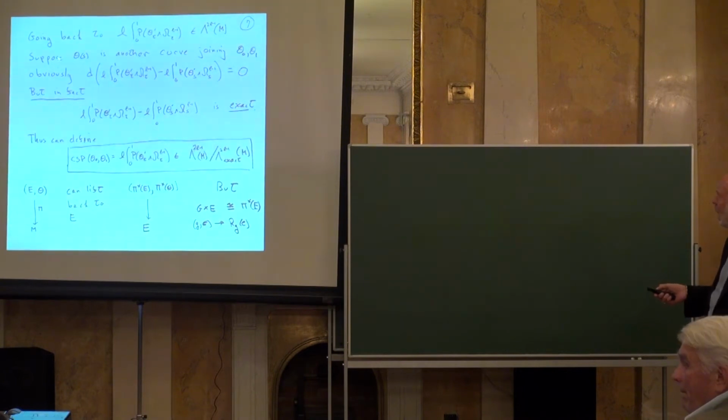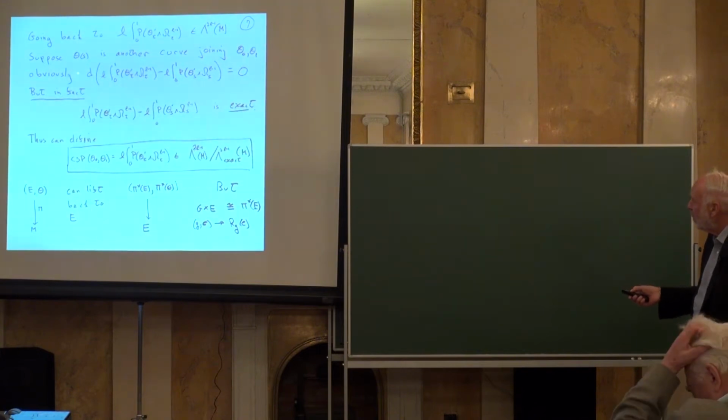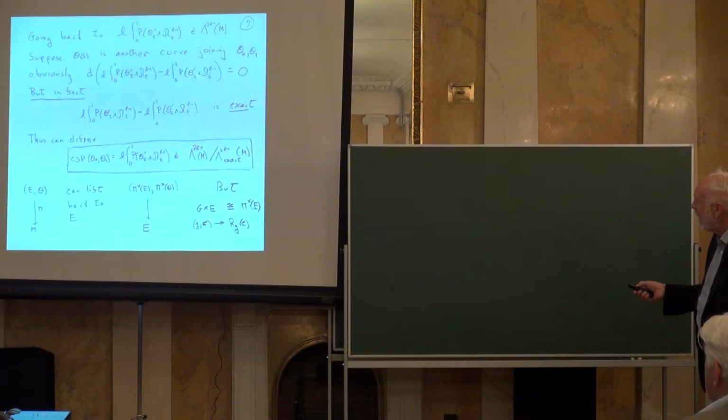Well, it's clear that this difference is closed, because each of these represents something that's closed, and they get the same answer. So d of this is 0. But in fact, it's actually exact.